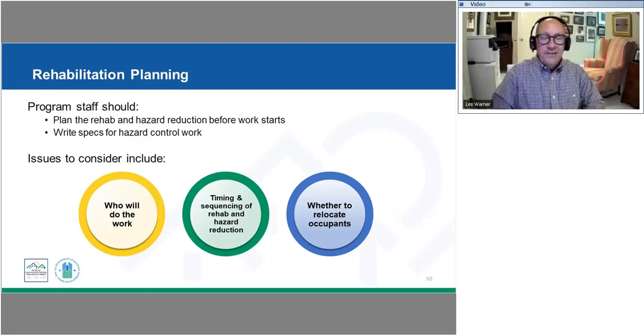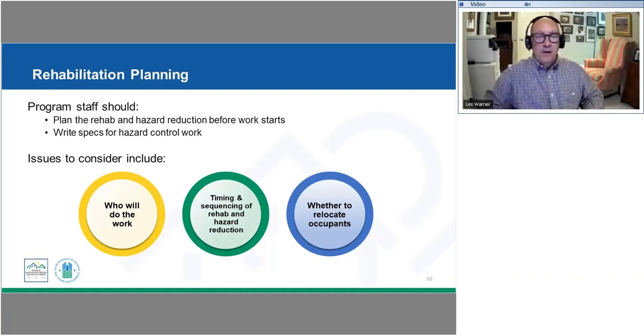Also, there's some sequencing on this. In the earlier days working with the Lead Safe Housing Rule, we had communities that would say, well, we really want to conserve our funding. We have very few contractors that are licensed. And so they would have a lead contractor come in and do all of the interim controls or abatement that was being done.